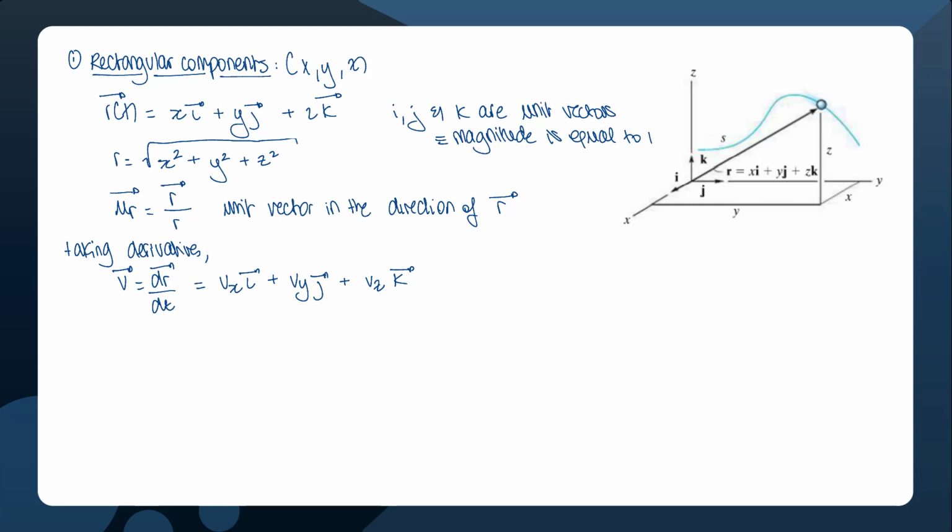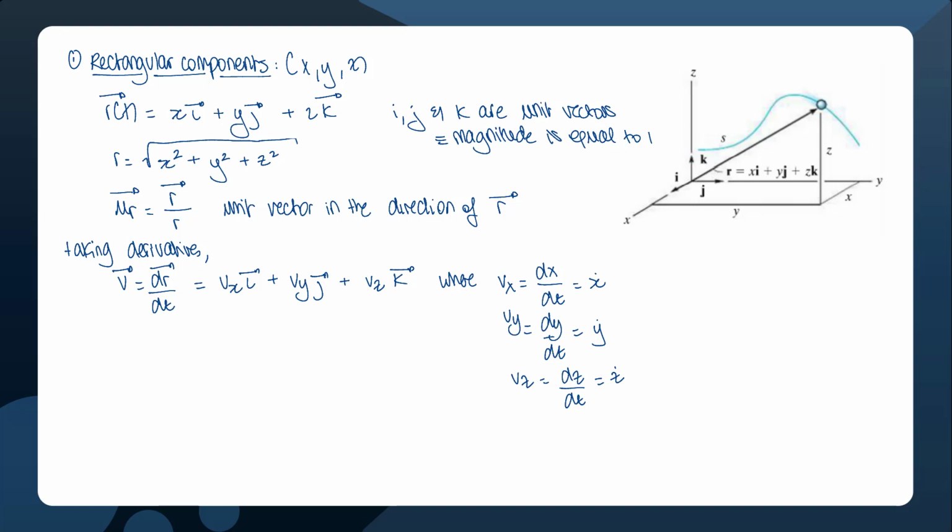And so we end up with v is equal to vx i plus vy j plus vz k, where vx is equal to dx over dt equal to x dot. Remember, whenever we add a dot on top of a variable, it means that we're talking about the derivative of that variable with respect to time. A single dot means the first derivative, two dots means the second derivative, and so on and so forth. Also, vy is equal to dy over dt is equal to y dot, and the same applies as well for vz.